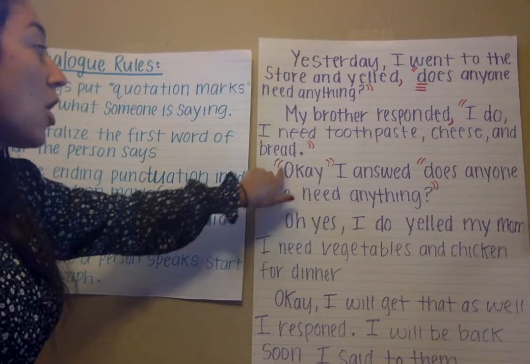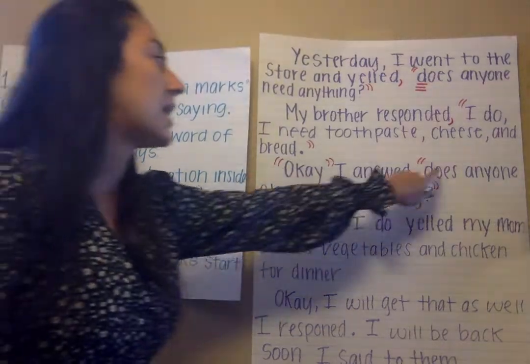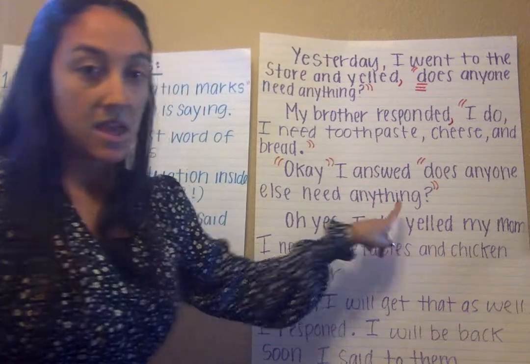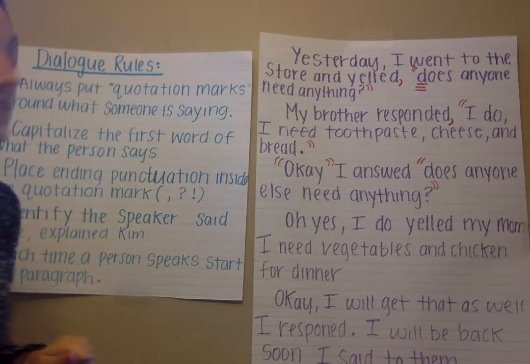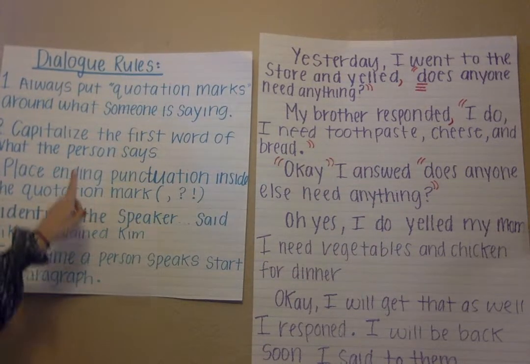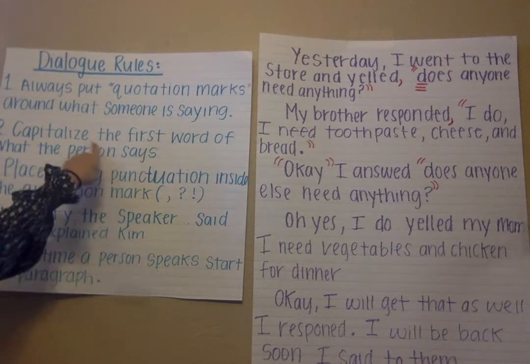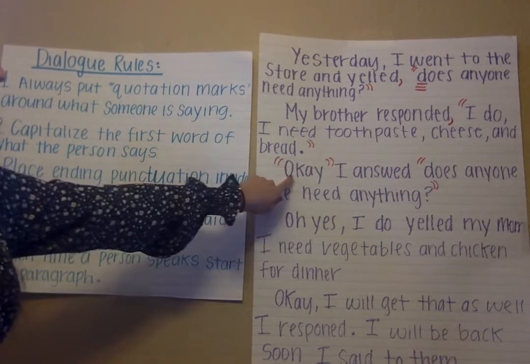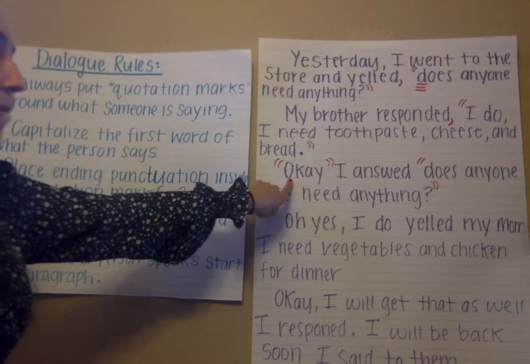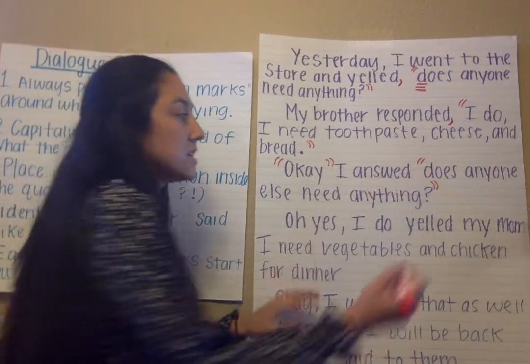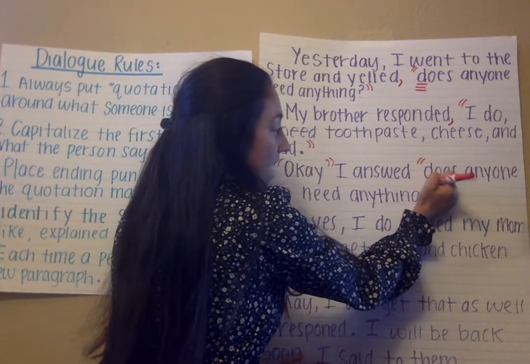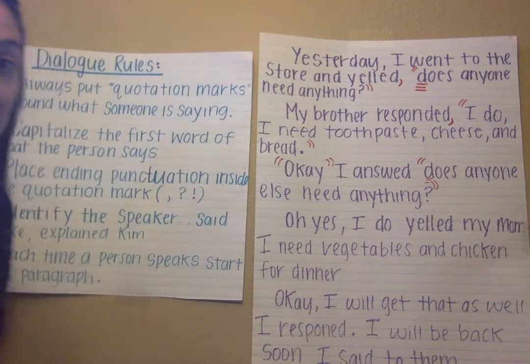So now I have the word okay and does anyone else need anything also in quotation marks. Then I need to capitalize the first word of each thing I said. So the O in okay is already capitalized, but the does is not, and that I need to make into a big D.